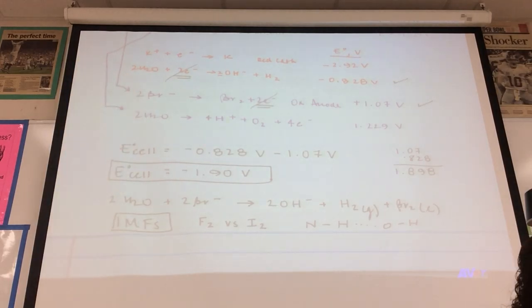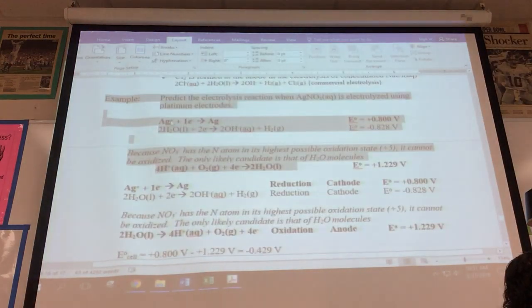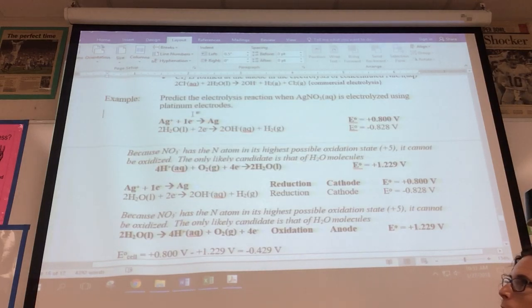The other example I provided to you, we will take a quick look at. Unfortunately, it's a little bit odd of a problem. It says predict the electrolysis reaction when silver nitrate is electrolyzed using platinum electrodes.